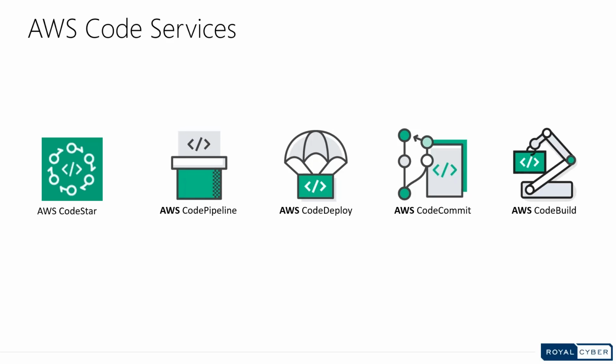But we're going to be using CodePipeline in coordination with Jenkins in order to help orchestrate this pipeline. And what you'll see is there's a lot of interoperability between Jenkins and CodePipeline. So they really do complement each other as it relates to integrating with the AWS platform.